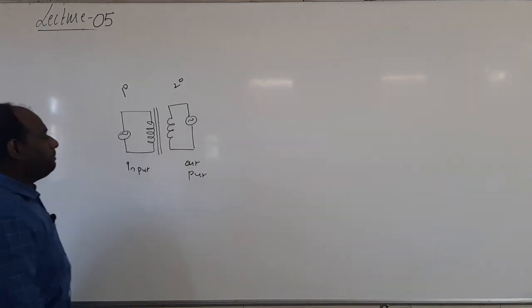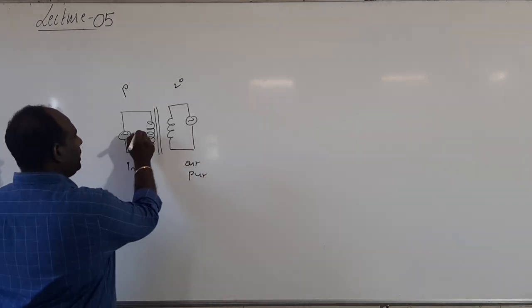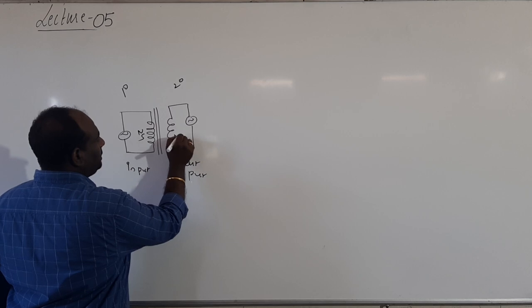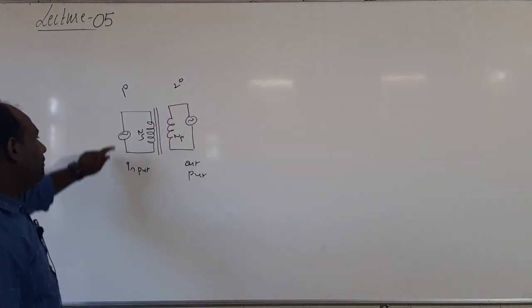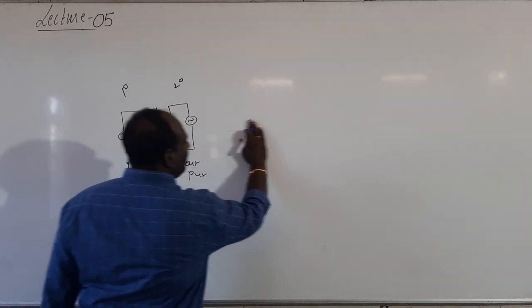Now, sir, the number of turns across the primary I am going to write as Np, and the turns across the secondary as Ns.